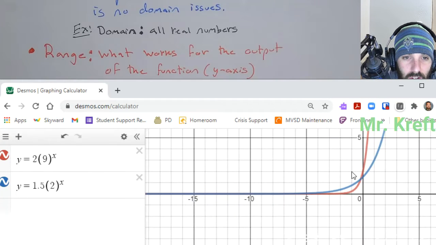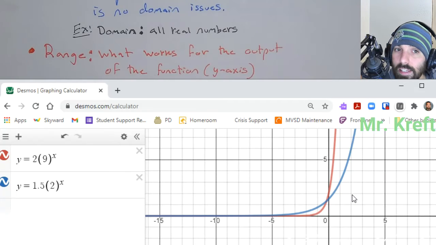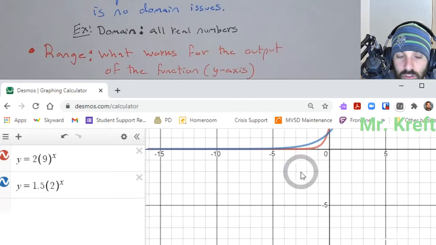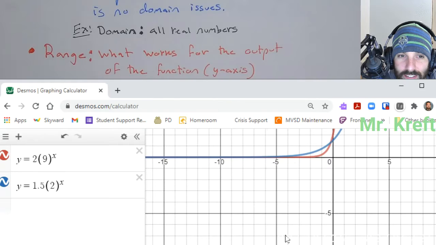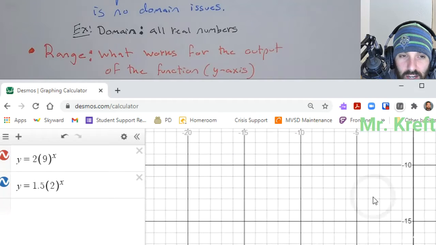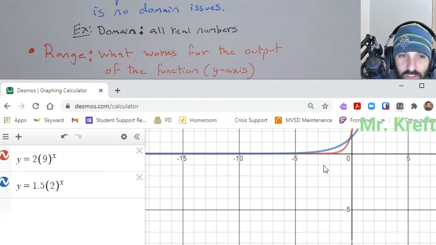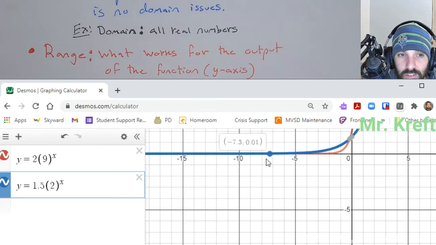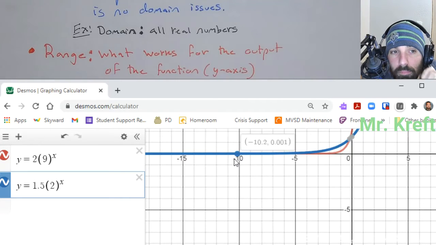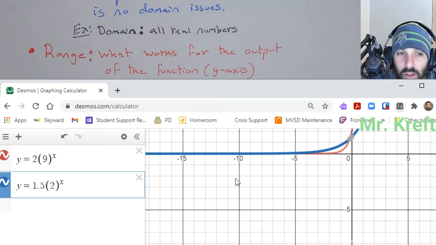Where we're getting this is our up and our down. One thing we need to notice right off the bat: do you notice any outputs in the negatives? If I go down, I don't see the function. If I trace these, see how the output is getting closer and closer? As my input gets more negative, my output is getting closer to 0.